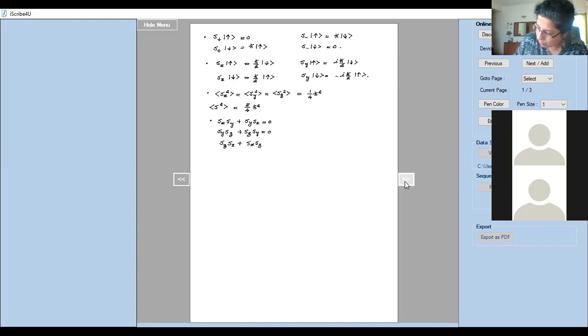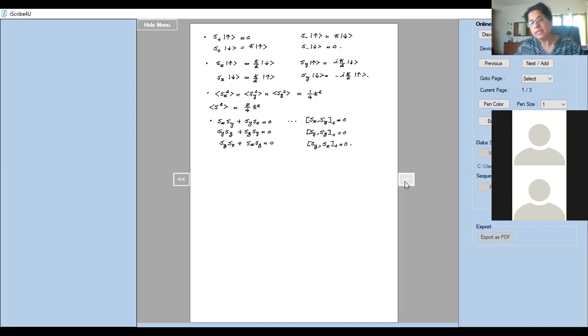What is the way to write this? Essentially {Sx, Sy} is equal to 0. Similarly, {Sy, Sz} is equal to 0. Order is of course not important here, and {Sz, Sx} is equal to 0, right?